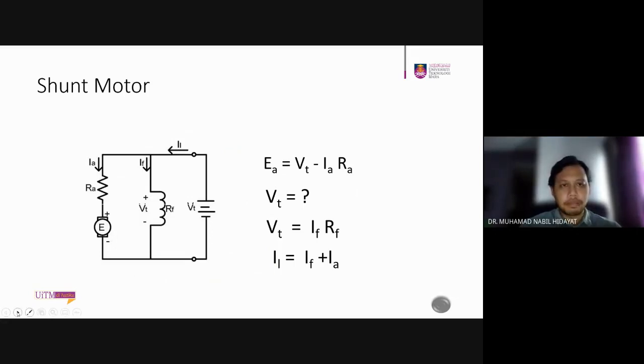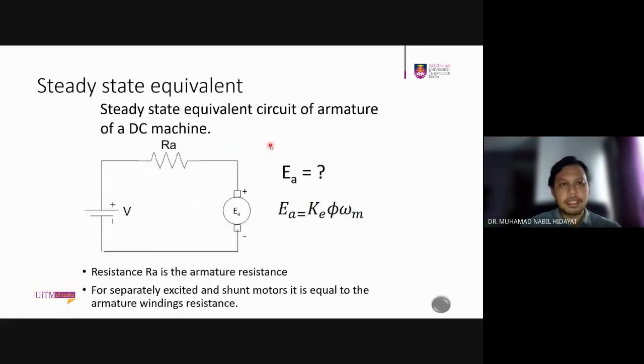For the steady state equivalent circuit of the armature of a DC machine, just now we have EA equals VT minus IARA.